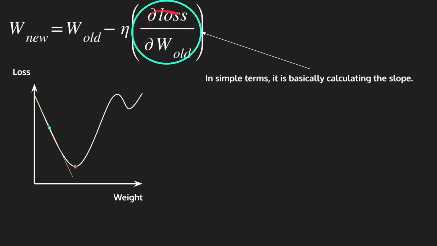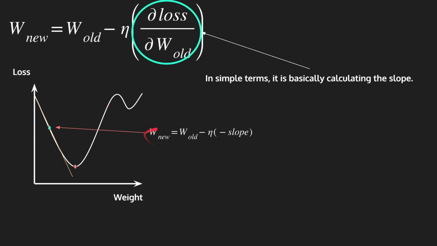We're taking the partial derivative of the loss with respect to W old, which is the current point we have, okay?